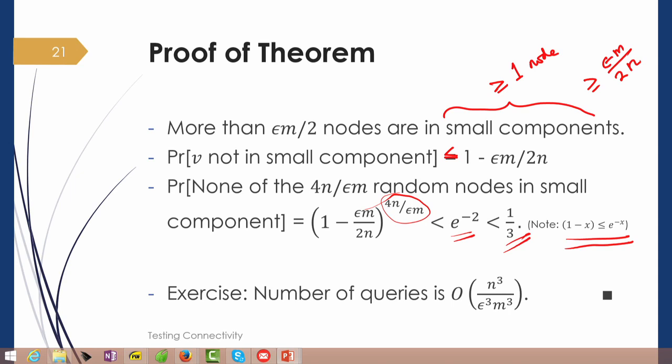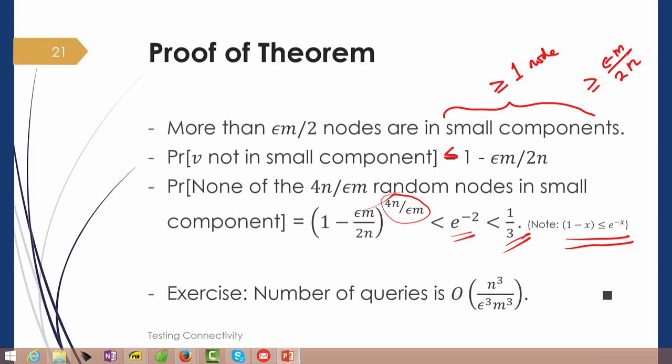All our random vertex probes landed in large components, not in small components. So, this is an upper bound on the probability that we missed all the small components, not once, not twice, but all 4n over epsilon m times.